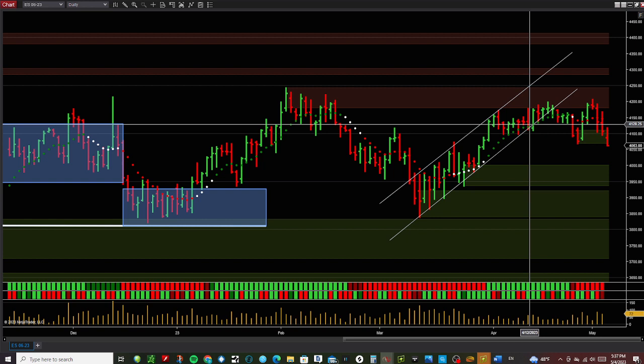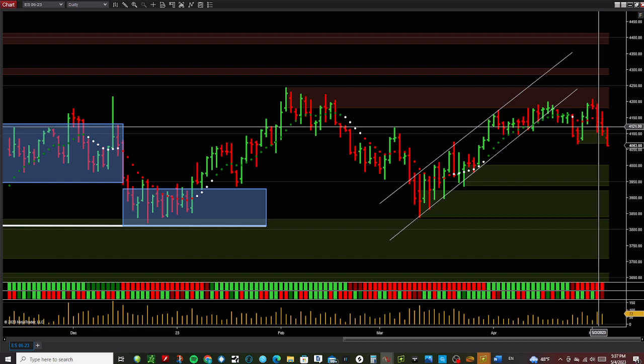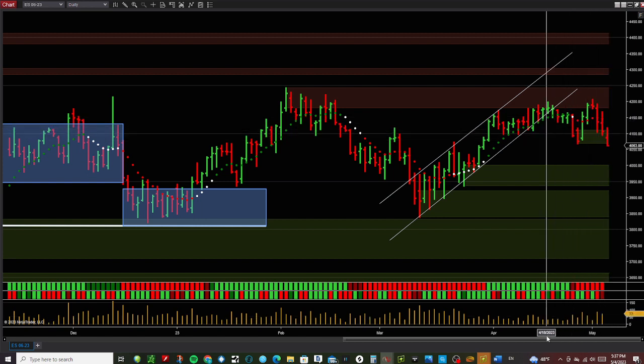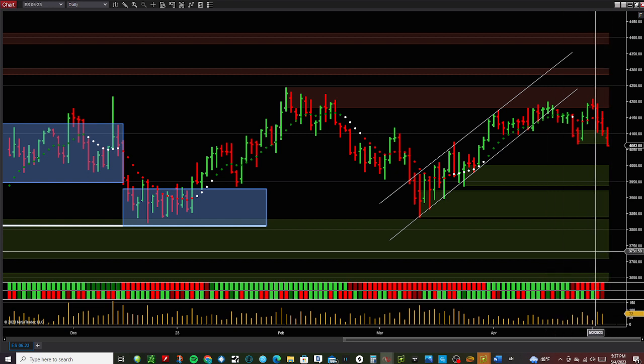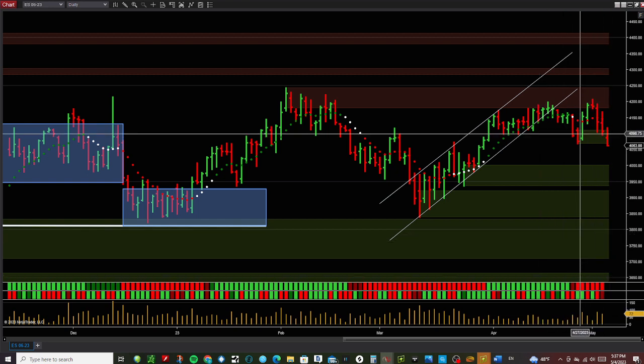It lets us know the probability of a trade to the upside going largely in our favor versus a trade to the downside going largely in our favor. So today we were looking for bearish trades just based on the recent market activity. That is the power of the daily.